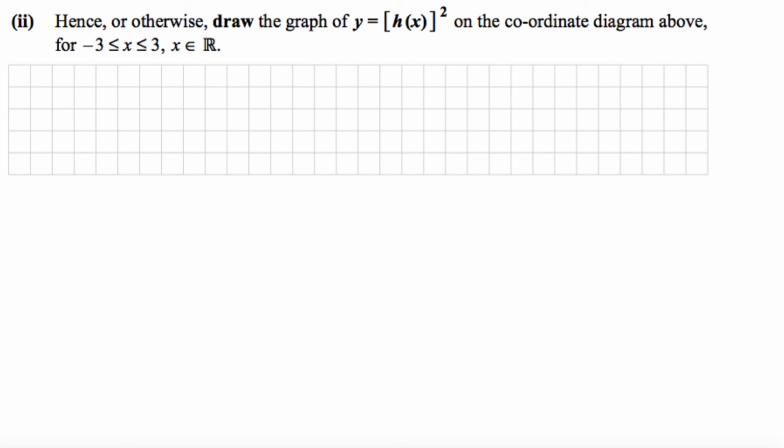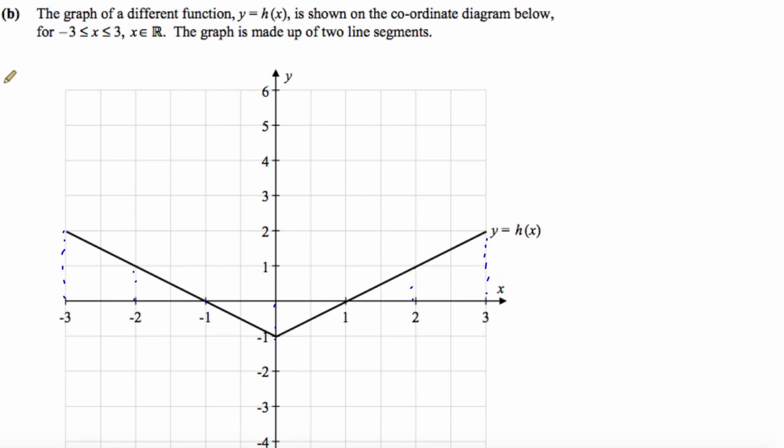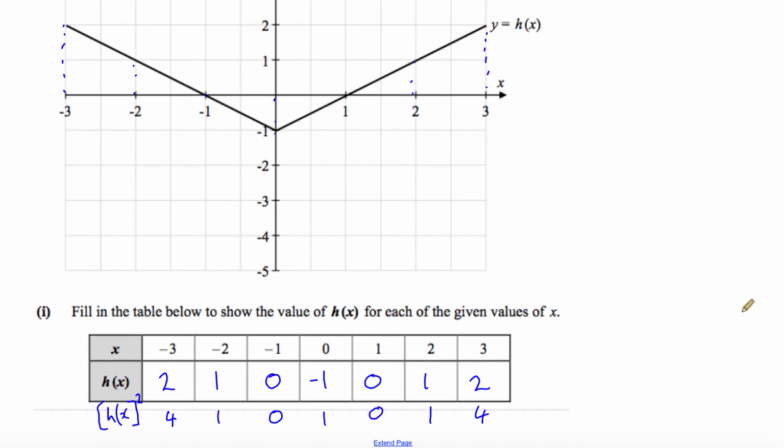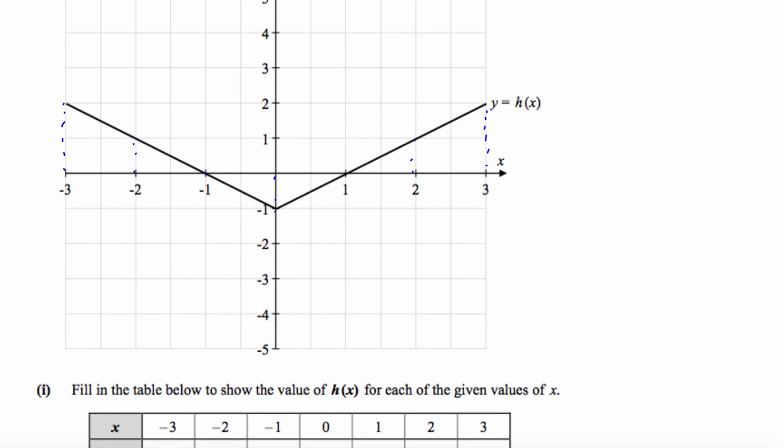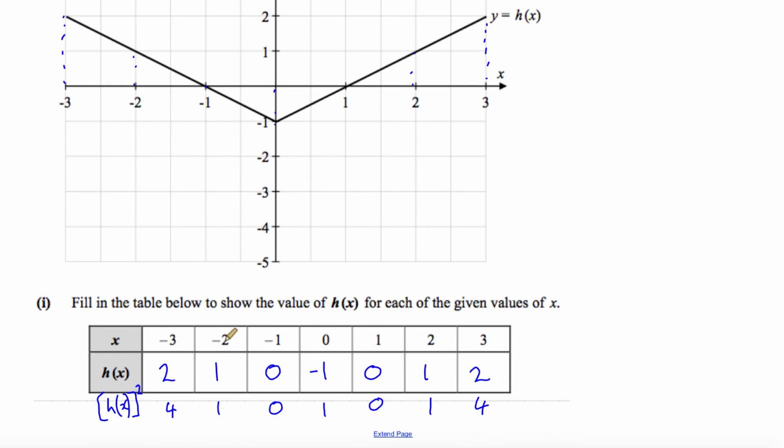They asked us then to draw that graph. So we're going to plot that graph here. When x is minus 3, h of x squared is 4. So we're going to go minus 3, 4, that's one point. Then we've got minus 2, 1. That's another point on the curve.